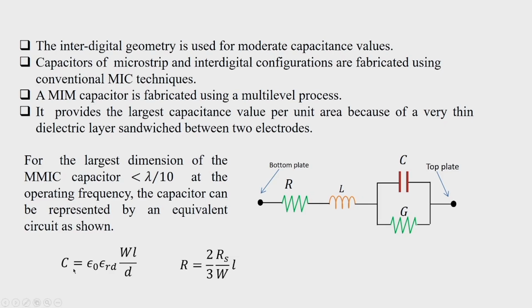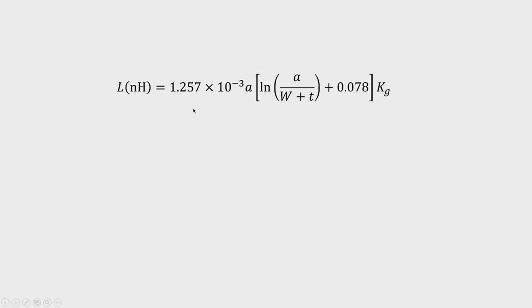C is WL by d epsilon naught epsilon r, R is 2 by 3 Rs W L by W, G the conductance is omega C tan delta, and L in nanohenry can be calculated using this formula where this Kg depends on W by H.